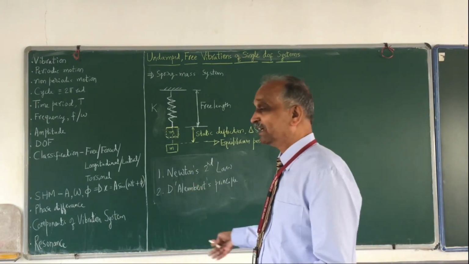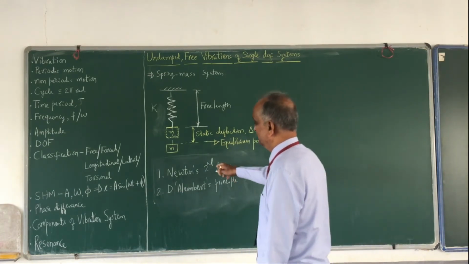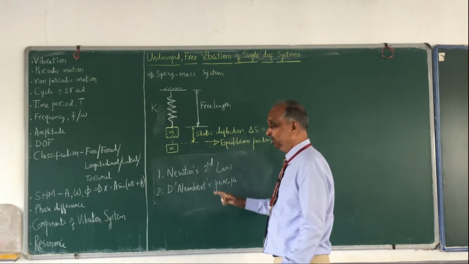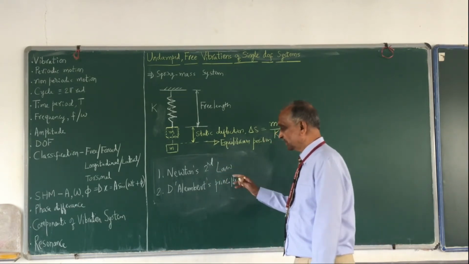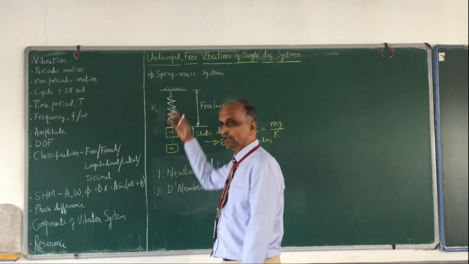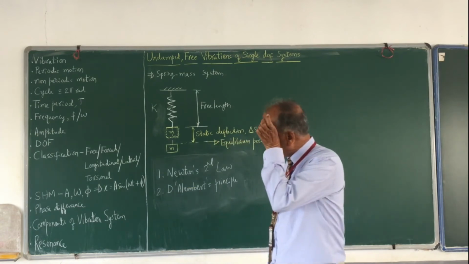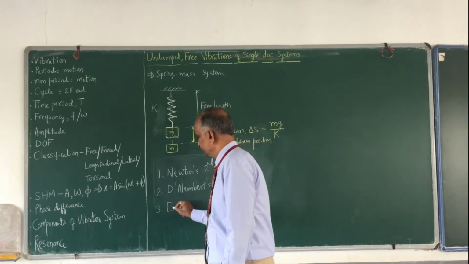Otherwise, it appears that both of them are one and the same. There is a very, very thin line of difference between the two, but both of them are totally different. I shall also tell you what D'Alembert's principle is and how I can use it for our analysis. Okay. Then the third one is the energy method.